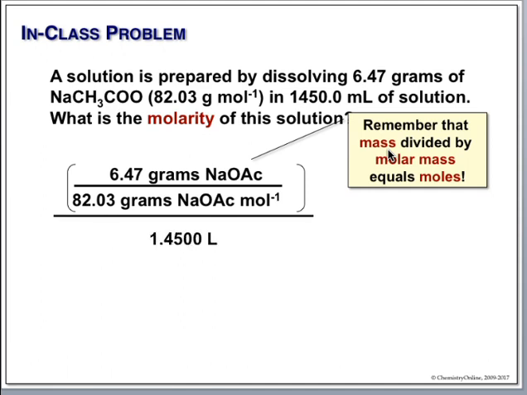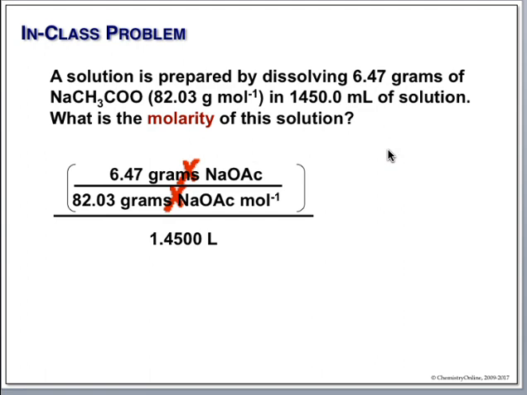On your handy-dandy calculator, 6.47 divided by 82 divided by 1.45 should give you, here we go, 0.0544 moles per liter.